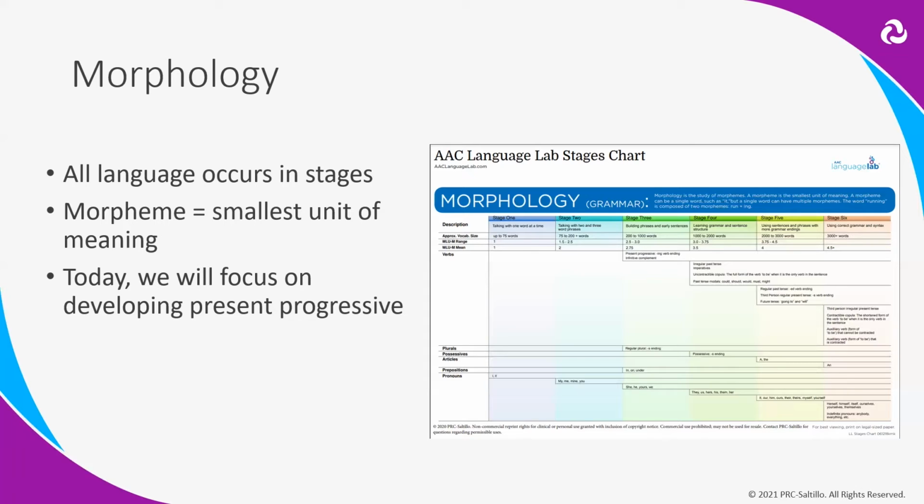So if you get some inspiration from tonight and want to dig deeper into how you can add even more of that grammar structure and those morphemes for your AAC user, you can go watch that video. And as I mentioned, tonight we're going to specifically focus on developing present progressive in those -ing verbs. Let me go to the next slide.